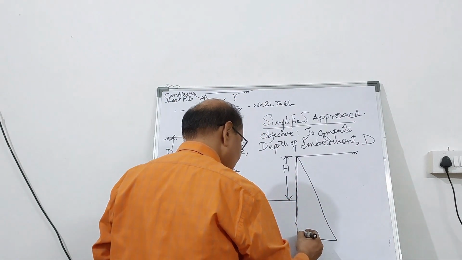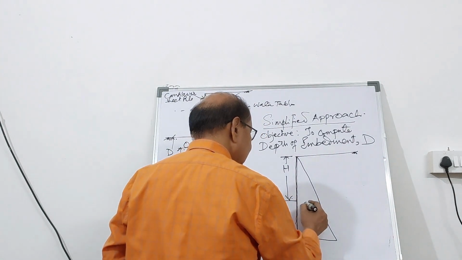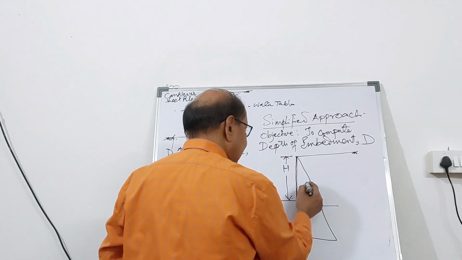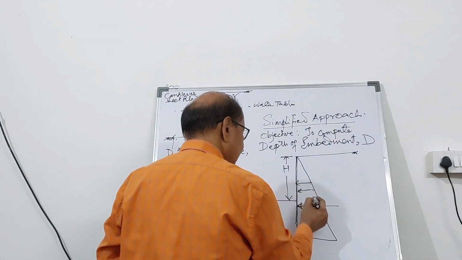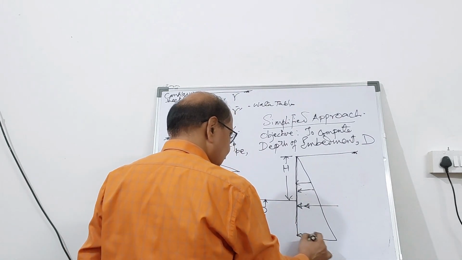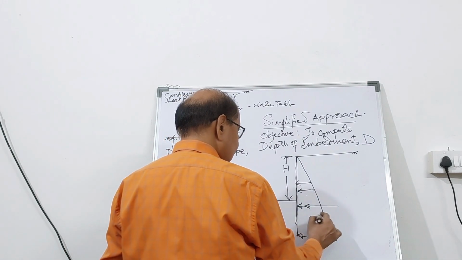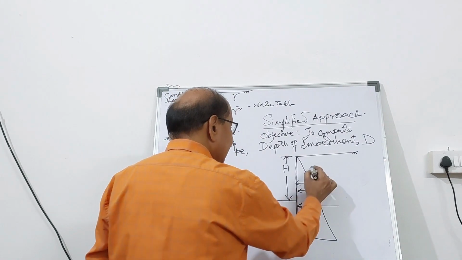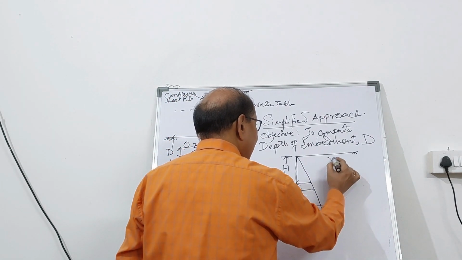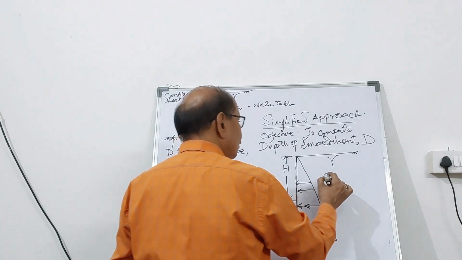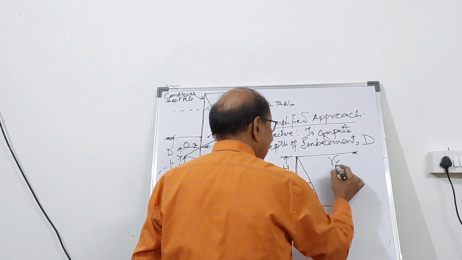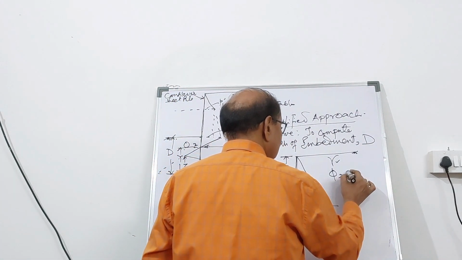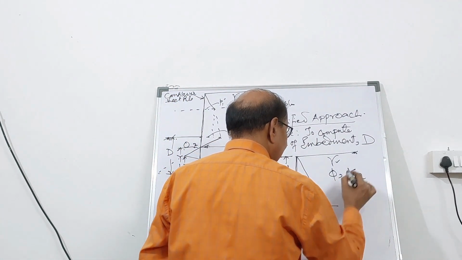So this is going to be the total active earth pressure distribution, and this active earth pressure distribution is going to be at H plus D. If you know the value of unit weight gamma and the angle of internal friction, you can calculate Ka.